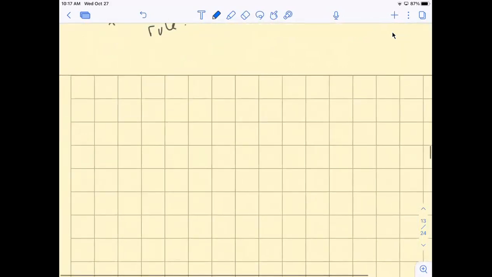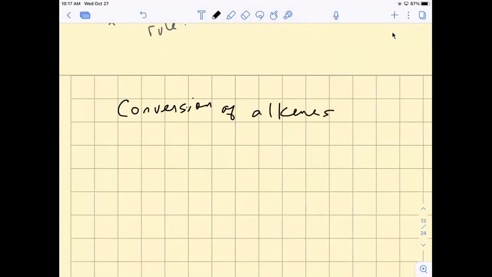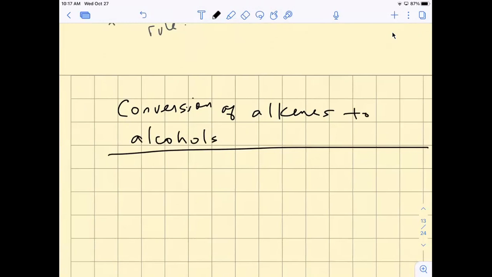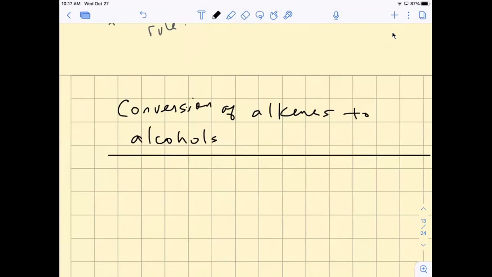So both of those reactions fall under the category of conversions of alkenes to alcohols. Right.